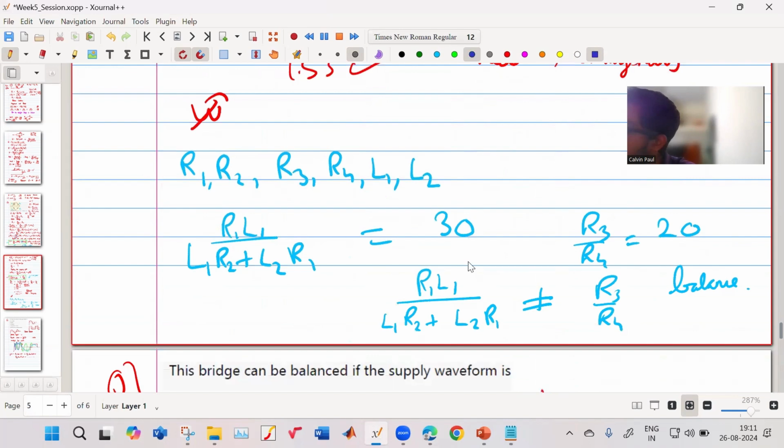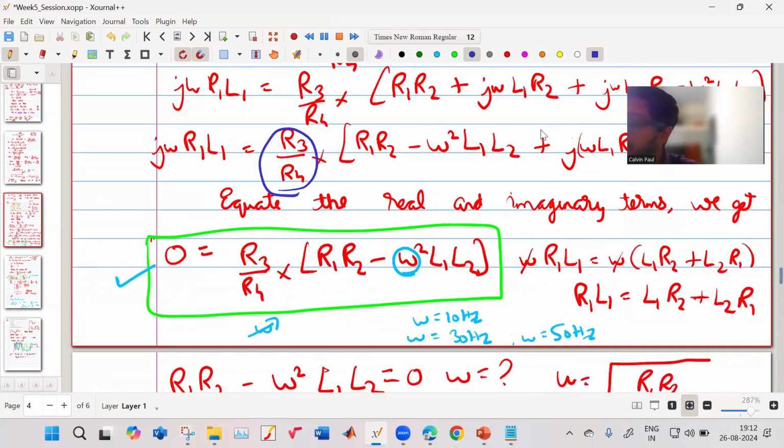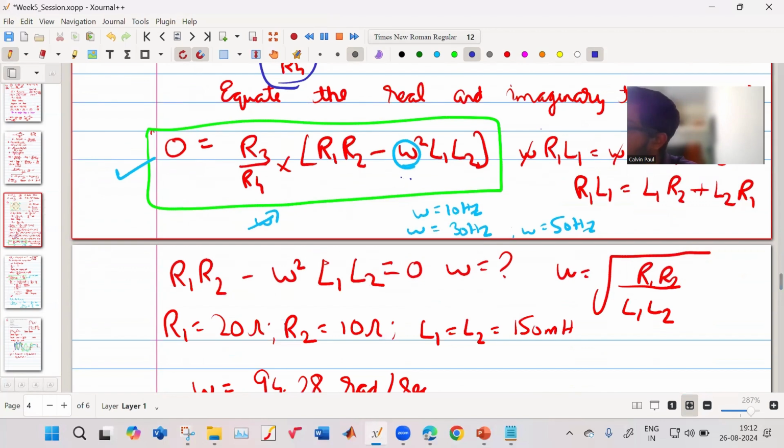Okay. So now this equation can get balanced by R1, L1, R3, R4 because it does not depend on the frequency. But this equation depends on the frequency. And because of this, we found that it can be satisfied at only one omega.